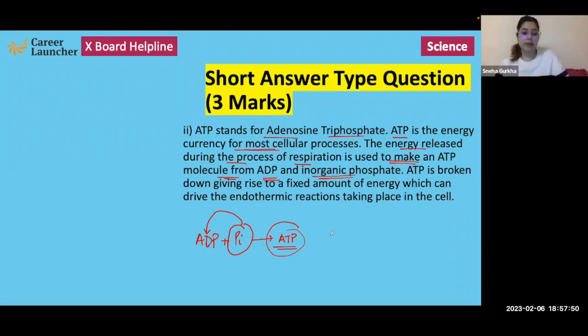Further, ATP can be broken down to release a fixed amount of energy, which can be used to drive several reactions that take place in the cell, right? So this is the complete process. We have given the full form, we have given the definition, we have explained how ATP functions, how it is formed. So we have pretty much given all the information that is associated with this question.